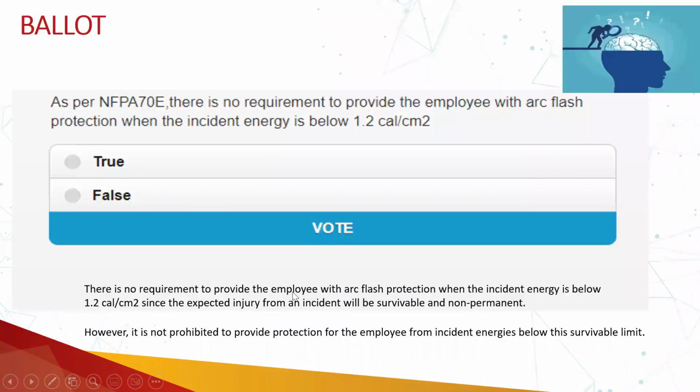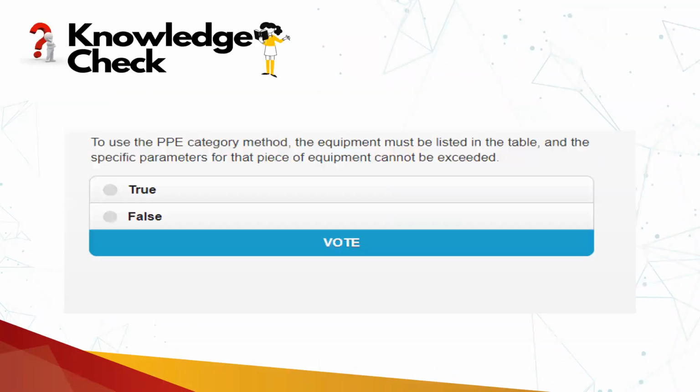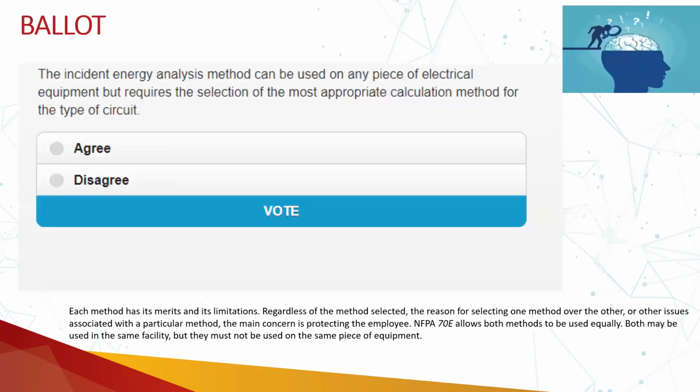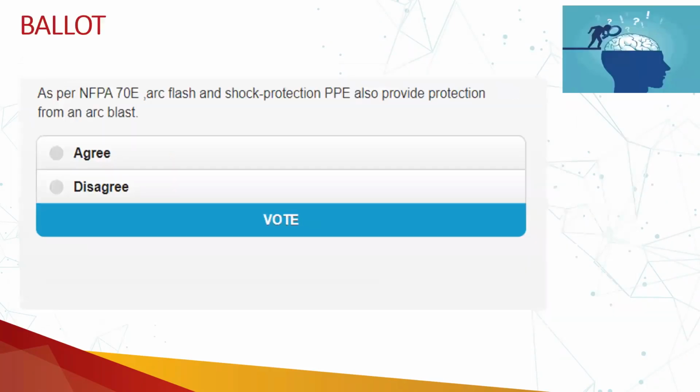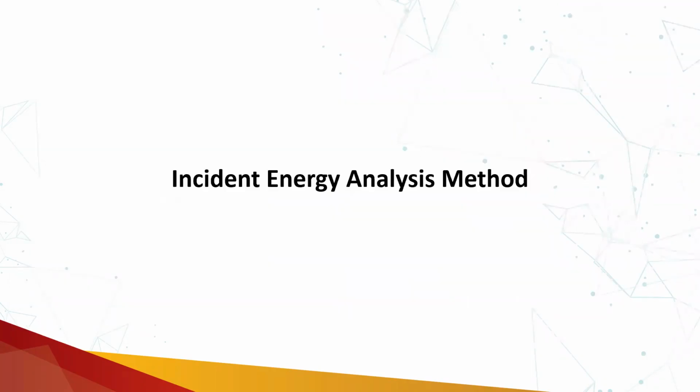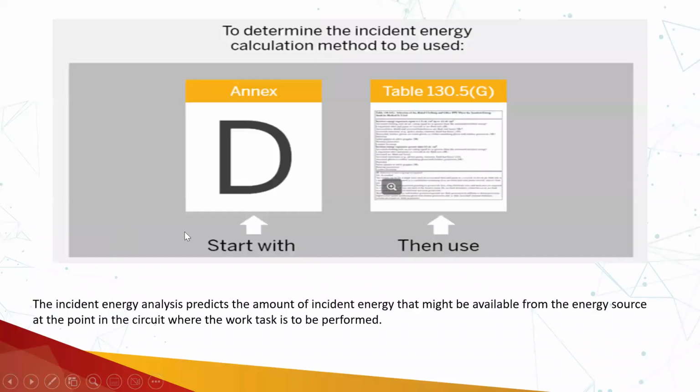On the other hand, if you are using an incident energy analysis method, okay, so you will start with Annex D, which is not a mandatory requirement. So Annex D has different types of methods given related to performance of the incident energy calculation method.